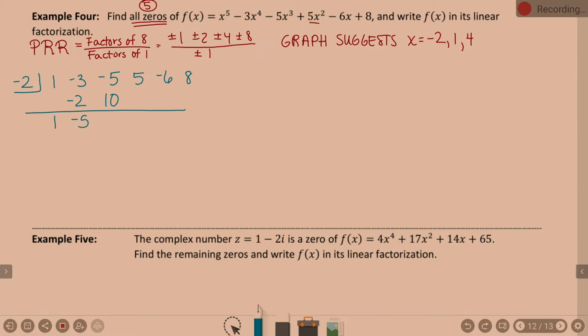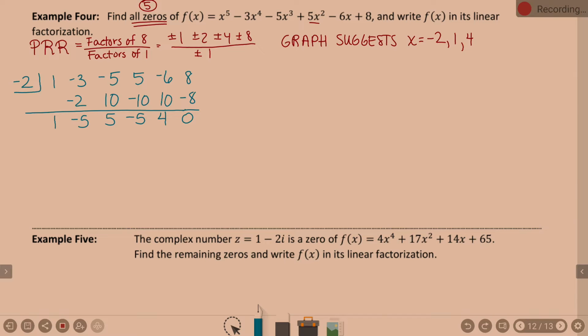Add -5 plus 10. Multiply -2 times 5. Add 5 plus -10. Multiply -2 times -5. Add -6 plus 10. Multiply -2 times 4, -8. Add, and you have the 0. We should still have 0 every time. This confirms that -2 works.